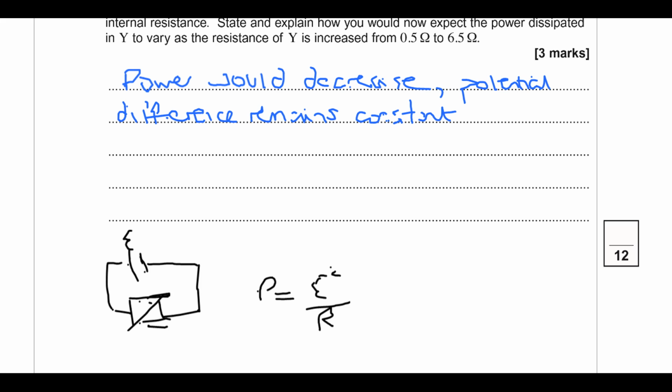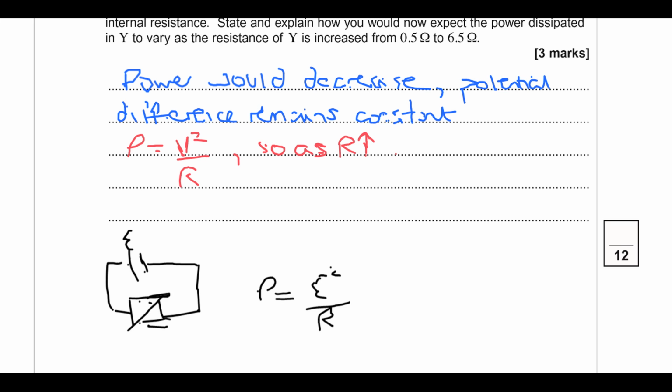So essentially what I'm going to do is use the equation we've got at the bottom. P equals V squared over R is the general equation, where V is the potential difference across it divided by the resistance. So as R increases, I'm going to dot the symbols here because I'm getting very frustrated with my pen.